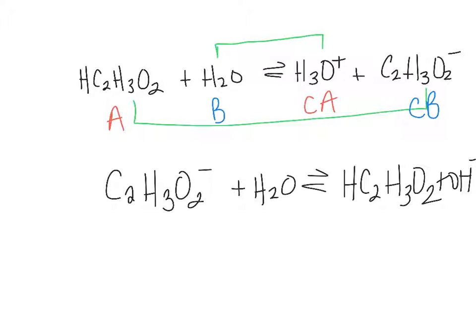See that? So if you have an acid, its partner will be a conjugate base, because when it reacts with water, it will produce hydroxide. Guess what? This is going to give up an H plus.